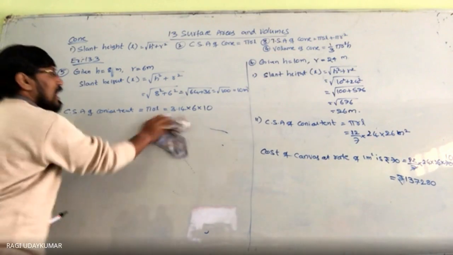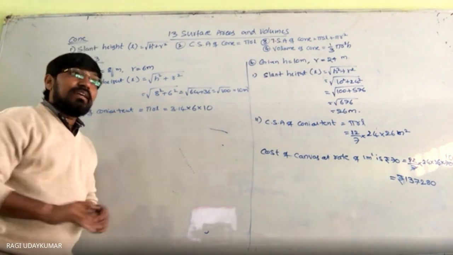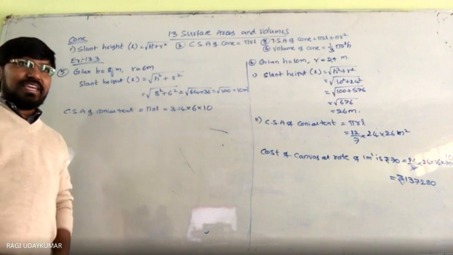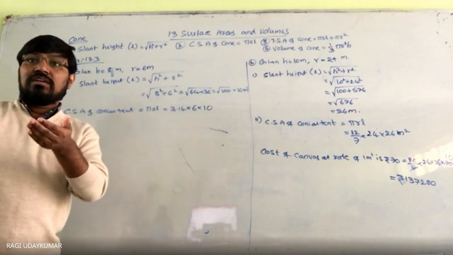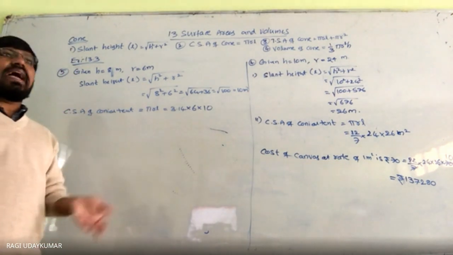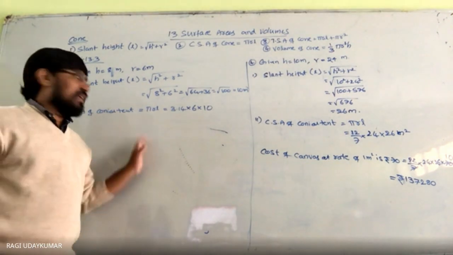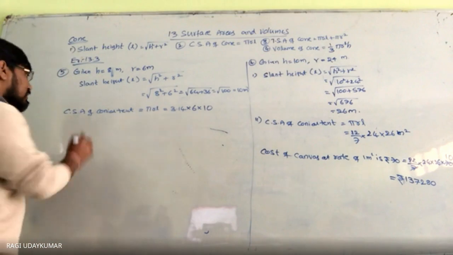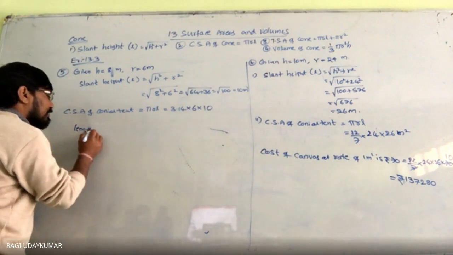Because we have to divide this curved surface area by 3. What length is required? An extra length of 20 meters is given for stitching. So 20 we have to add at last. So here the length required is asked, the length of the tarpaulin.